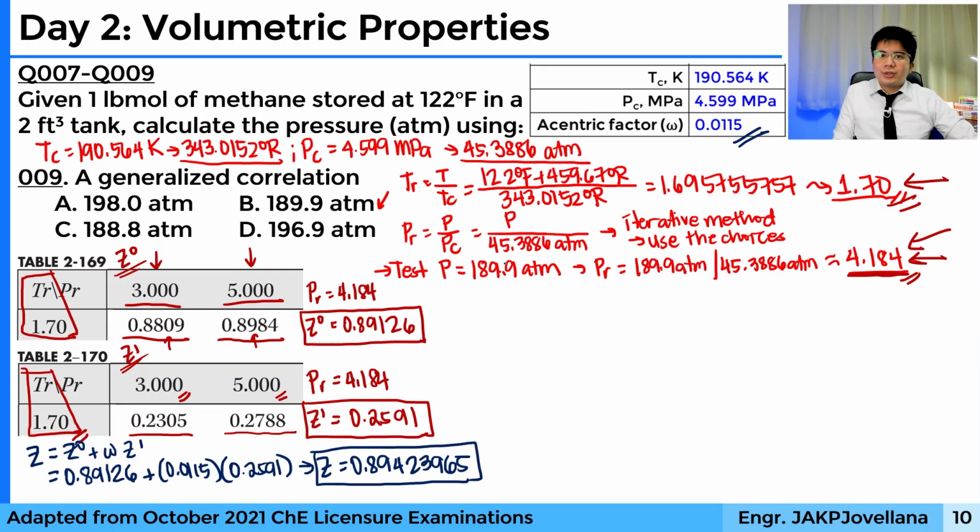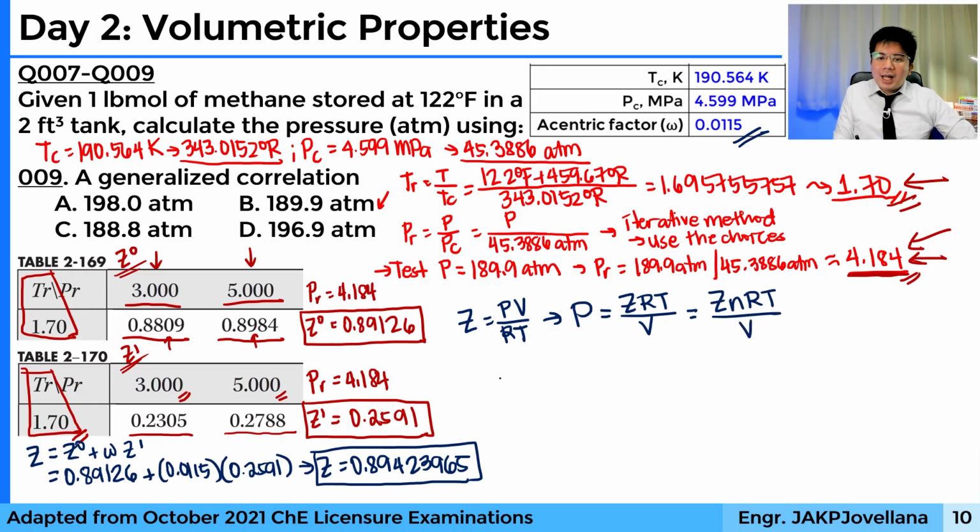Recall that the definition of the compressibility factor is Z equals PV over RT, where V is the molar volume. So from this expression, we can solve for the pressure. This is equal to Z RT over V, where V is per unit mole, where we can explicitly express this in terms of Z N RT over V. Okay?